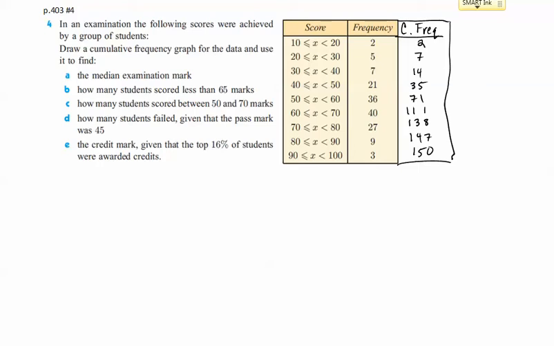So we will now go to creating a graph. There we go. I'm going to go by, let's see, the bottom here is going to be the scores. So I guess I can go by tens: 10, 20, 30, 40, 50, 60, 70, 80, 90, 100. All right, so people that got between 10 and 20 would be 2.